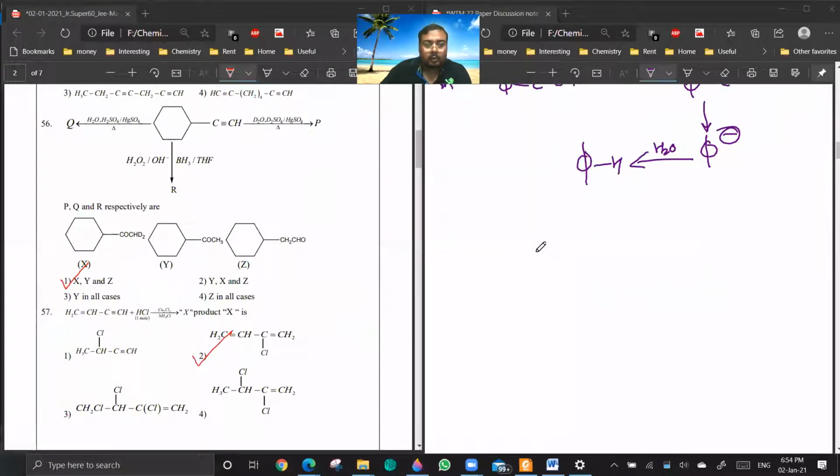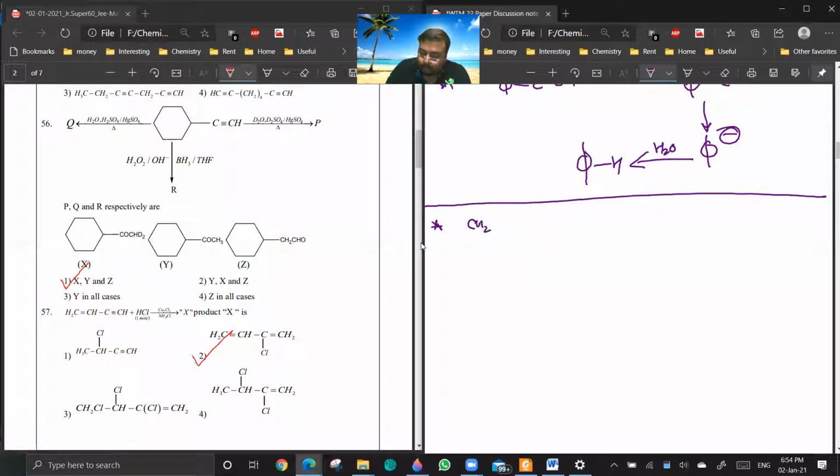57, sir. Okay. This is a reaction which we have discussed in the class. If you are having this type of reaction, then it will lead to formation of chloroprene, right? See what will happen.